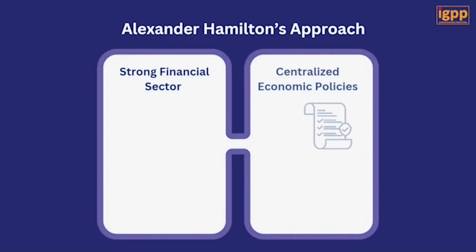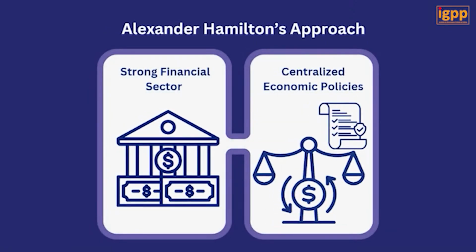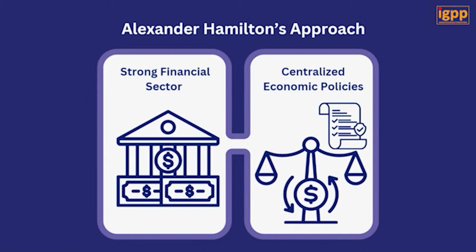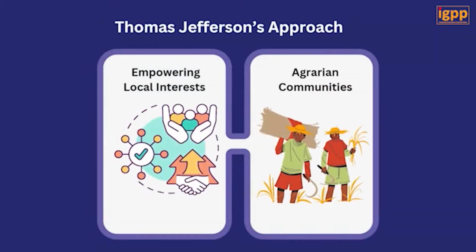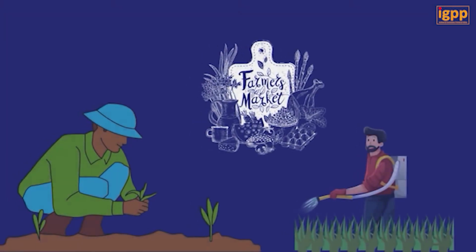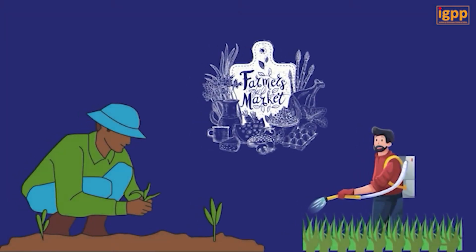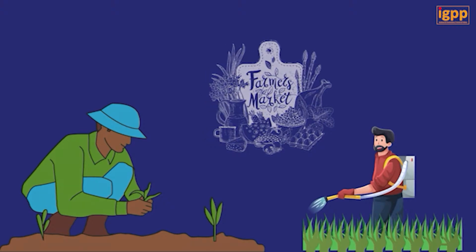Hamilton's approach mirrored that of the British Empire, emphasizing a strong financial sector and centralized economic policies. Jefferson, however, believed in empowering local interest and agrarian communities, fearing the risk associated with speculative financial ventures. He held a strong opinion that agriculture would be the mainstay of American society.